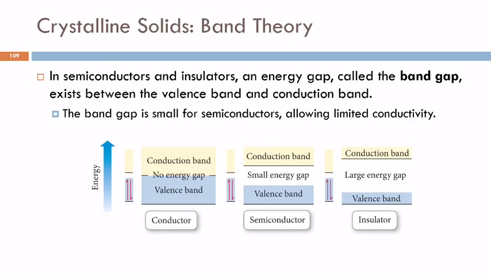Yes? Can't insulators still have electricity pass through them? Insulators can have electricity pass through them, but generally that requires an extremely high voltage, and it results in the breakdown of the insulator.